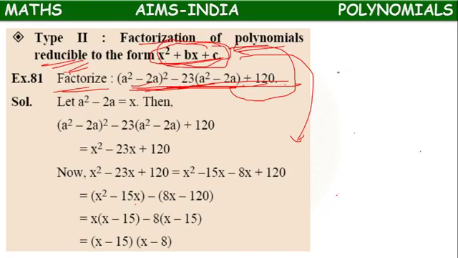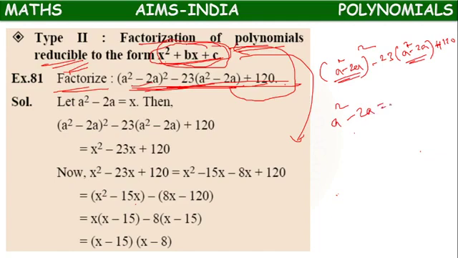What is the expression given here? a square minus 2a whole square minus 23 into a square minus 2a plus 120. Here a square minus 2a is common, so we will assume a square minus 2a as x. Actually it is not equal to x, but we are assuming it is.